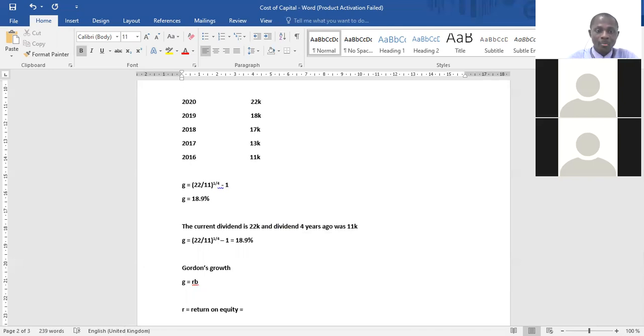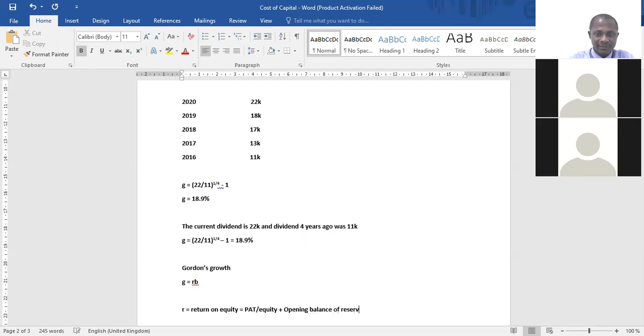So I will say my r is equal to profit after tax over the equity that gave rise to this profit after tax. That will be your denominator. So I will have equity, plus opening balance of reserve.